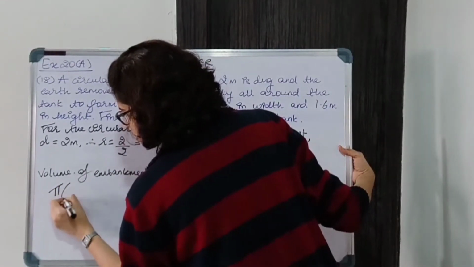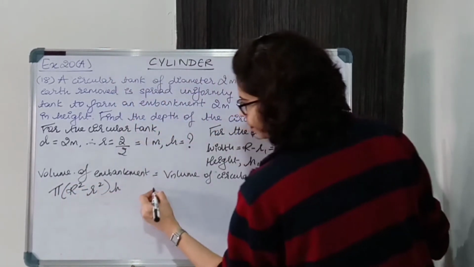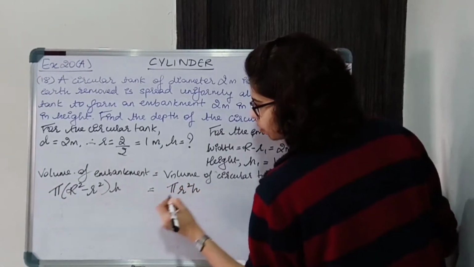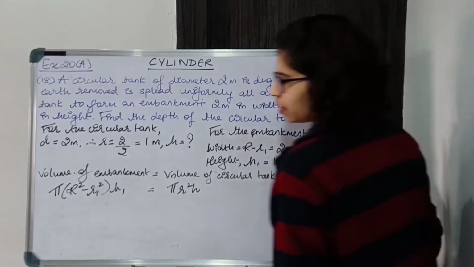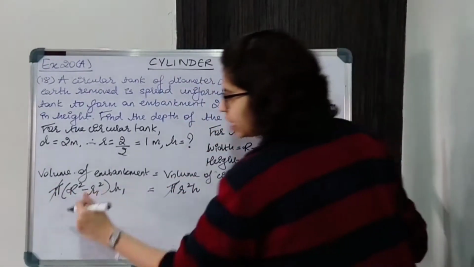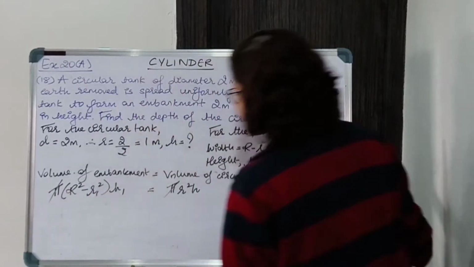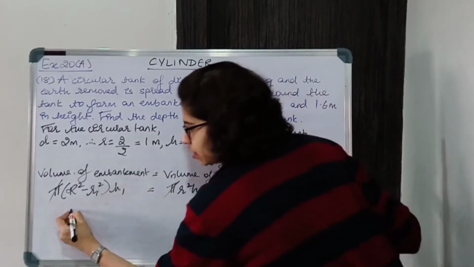Now this is pi r square minus r1 square into h1, and this is pi r square h. Now pi will get cancelled over here. We are left with r square minus r1 square into h1. Now r square, what is r square? R we just found out is 3.